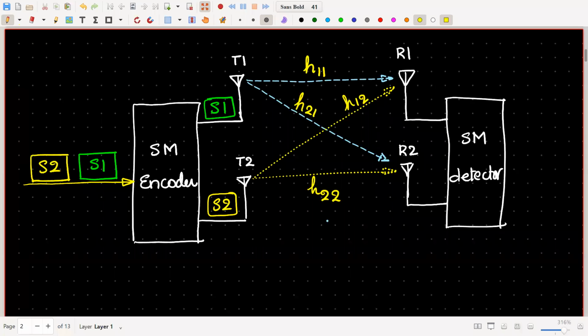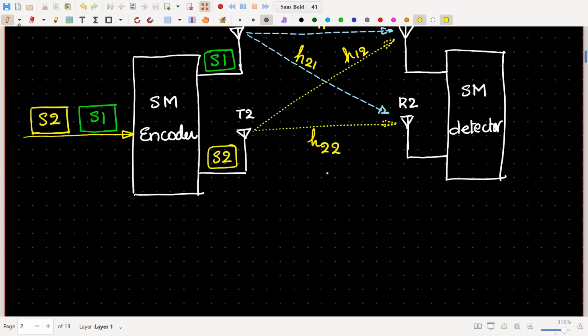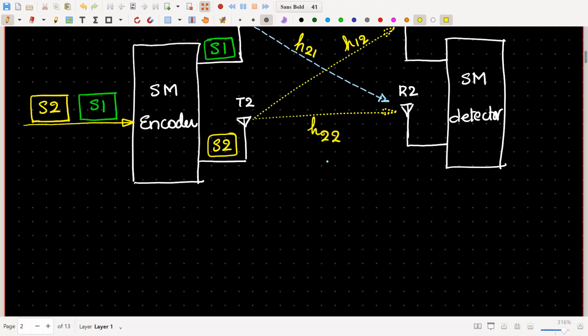Now we have a transmit symbol vector. So our transmit symbol vector is what? S1 and S2. Let me write. Transmit symbol vector.